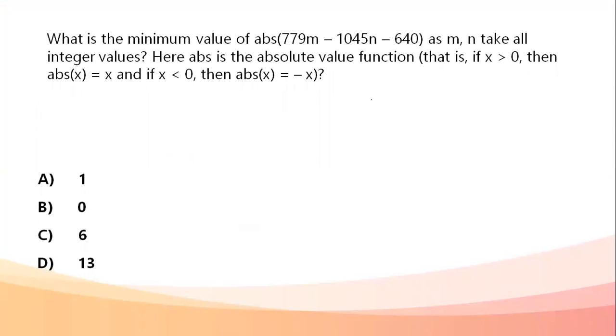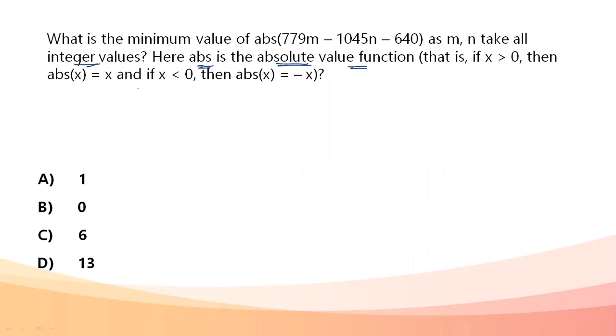Okay. First question: what is the minimum value of absolute 779m minus 1045n minus 640, as m and n take all integer values? It's given to us already, and abs is defined, it is the absolute value function, and the condition is also specified.